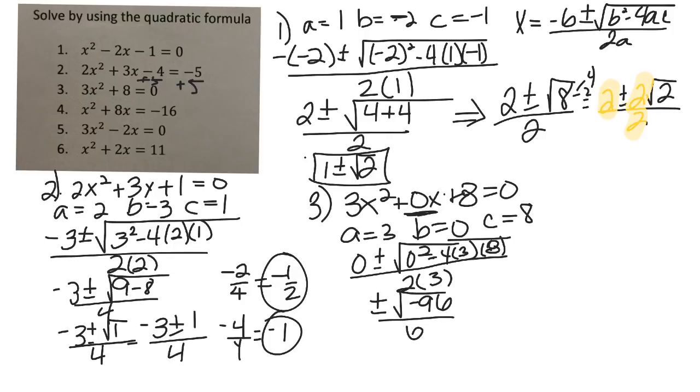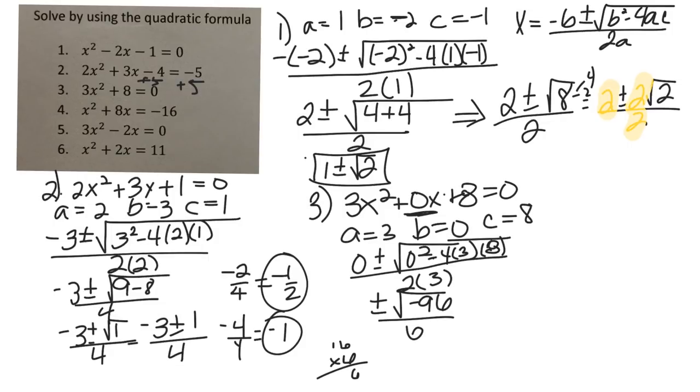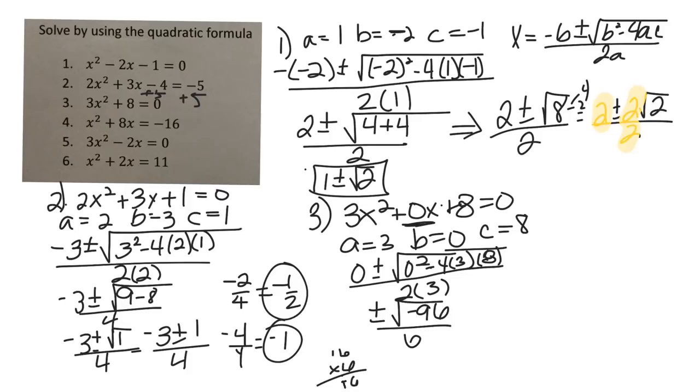And 96 is 16 times 6. So the square root of 16 is 4. It's negative, so it's 4i, plus or minus 4i radical 6 over 6.